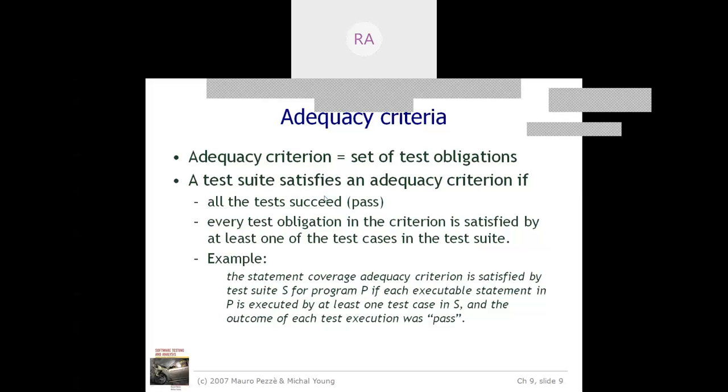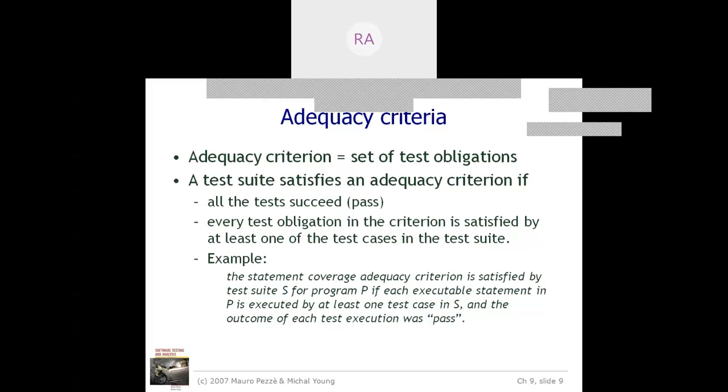Succeed means they should be in the status called pass. All the tests that you have defined should be in pass mode. There shouldn't be anything called fail. Then every test obligation in the criteria is satisfied by at least one of the test cases in the test suite.